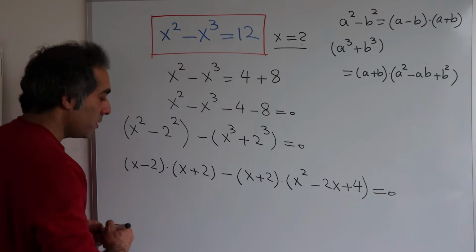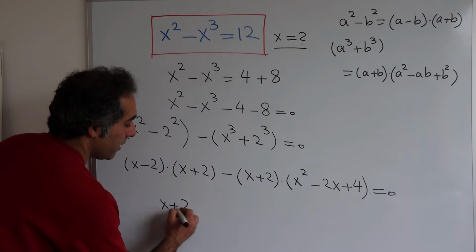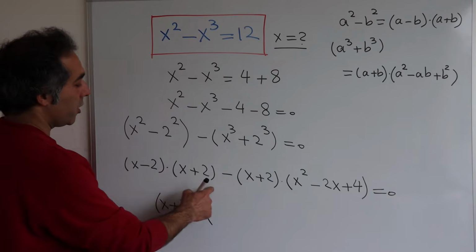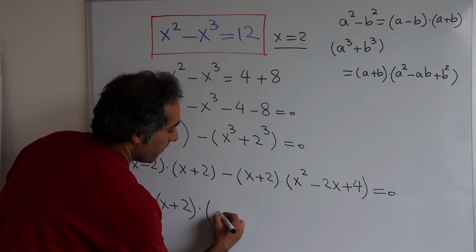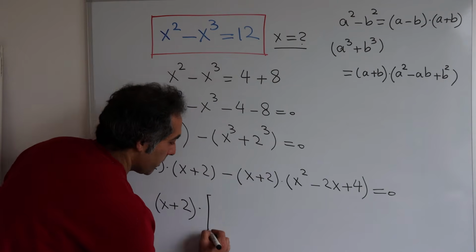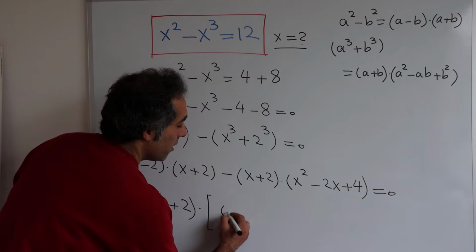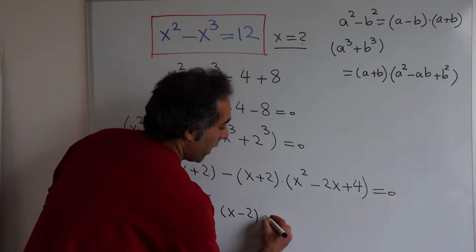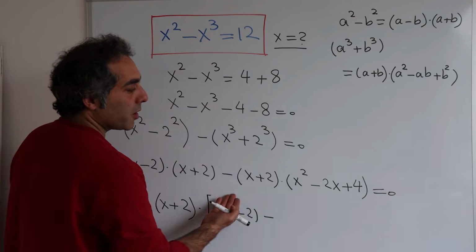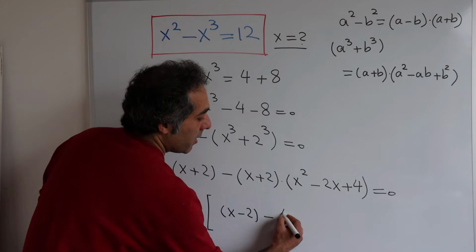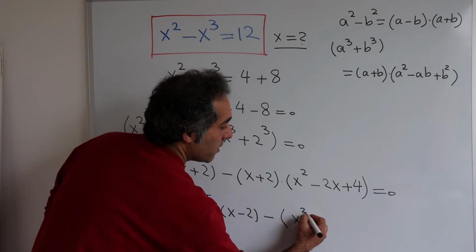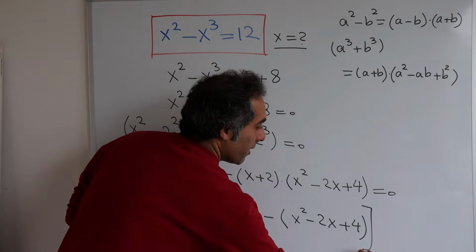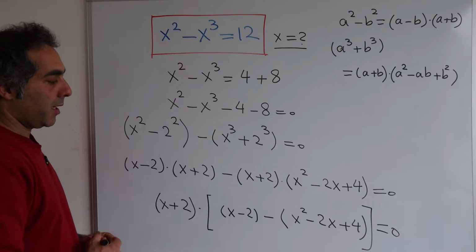So I can now factor out x plus 2, times, from the first expression just remains x minus 2, minus, from the second expression just remains this parenthesis, x squared minus 2x plus 4, and finally everything equals to 0.